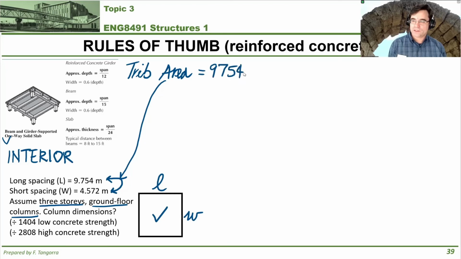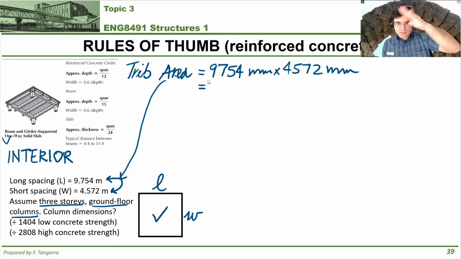Okay, so it is going to be 9,754 millimeters by 4,572 millimeters. Now you can do this in millimeters or you can do this in meters. I'm going to keep it in millimeters so that I keep it the same throughout, and the answer is in millimeters for these dimensions.